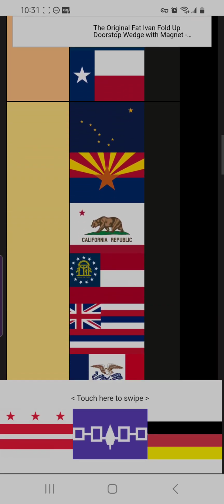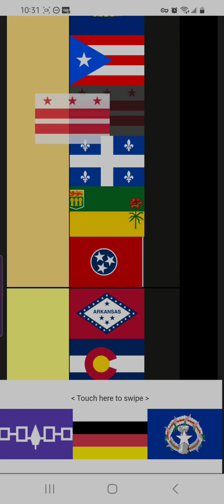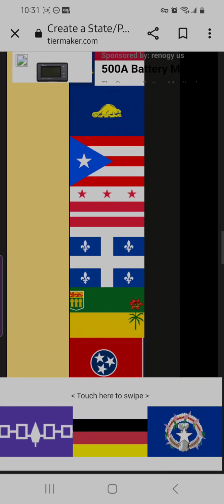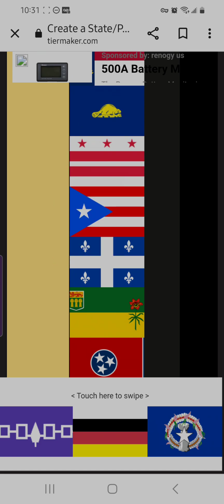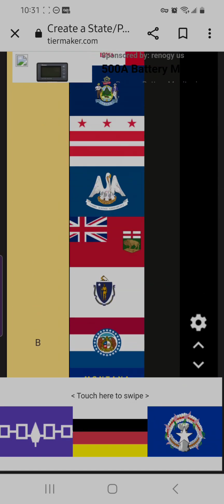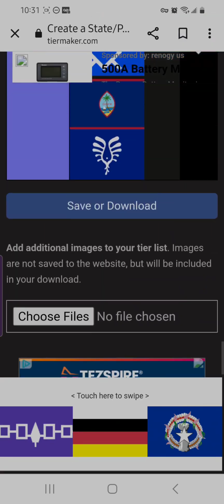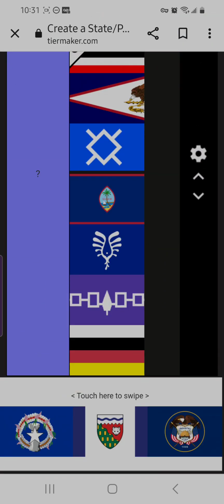I think this flag gets a B plus for me. Actually, you know what? A minus. Why am I saying A minus? Because this is the same situation as before, but they barely get into the A minus tier, because it's a very good flag. It's a good flag. And one of these random provinces. There we go.